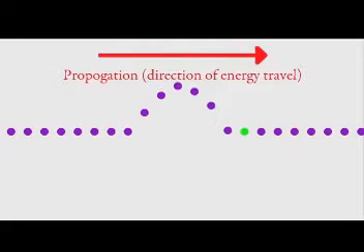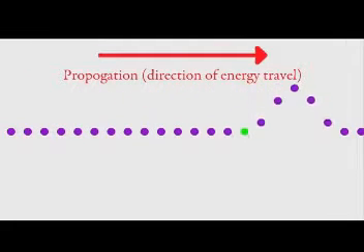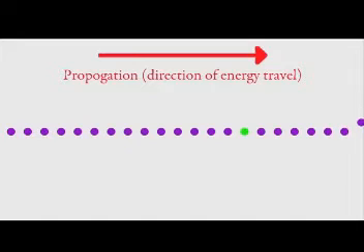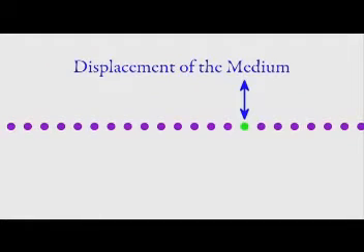Propagation is the direction of energy travel in a wave. The medium is the material that the wave is traveling through.